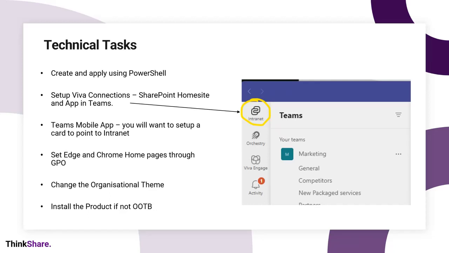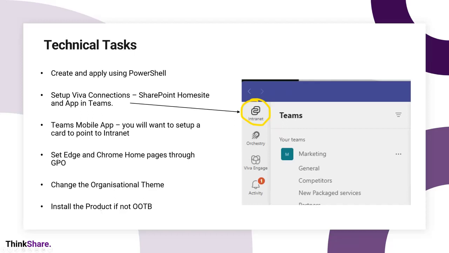So what you'd want to do there is deploy a Viva Connections card, which is just a link to your intranet. Again, not a great experience because that might be the only card that you want to deploy, but it's a way to tidy up that user journey from the Teams app on a mobile to your intranet.